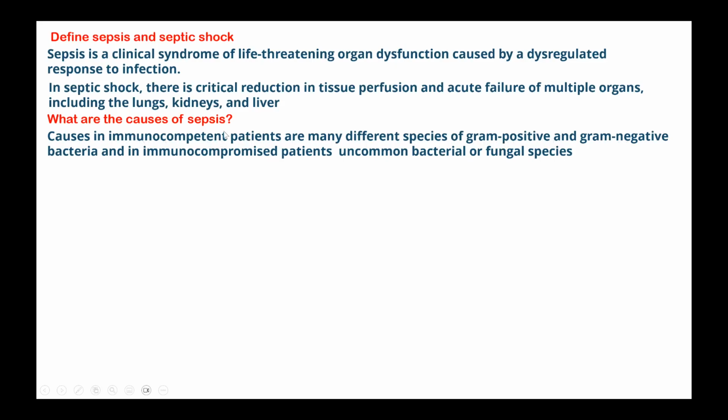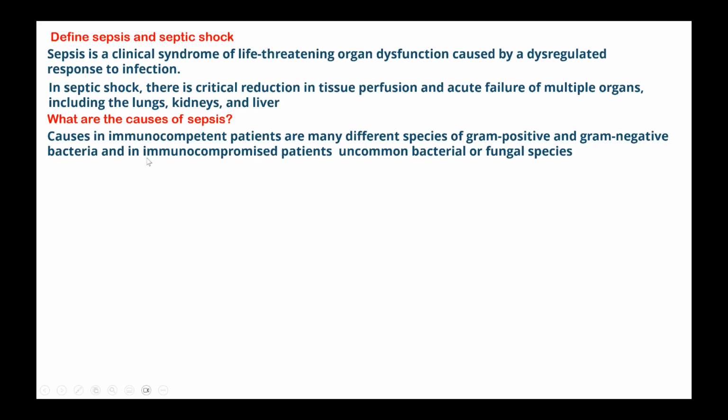One is immunocompetent patients. That is a normal patient developing, say, pneumonic consolidation because of gram-positive or gram-negative bacteria. They can also go into sepsis. And immunocompromised patients are those on immunosuppressive agents, like post-transplant patients who are on suppression, or cancer patients.